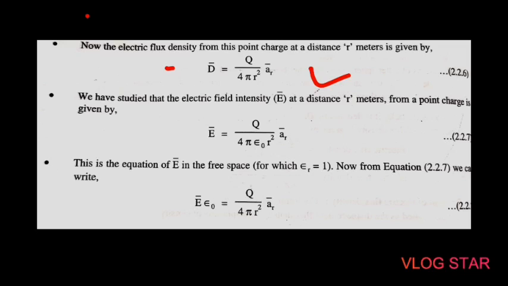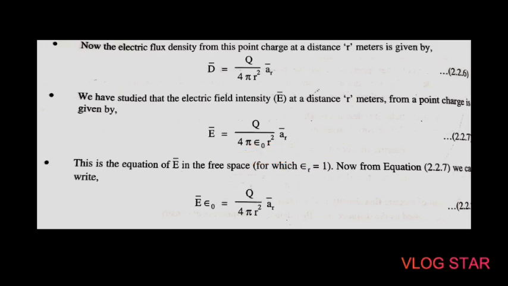Now we know that the electric field intensity at a distance of r meter from the point charge is given by E bar is equal to Q upon 4 pi epsilon 0 r square into a_r bar. This is the equation of E bar in free space, for which the value of epsilon r is equal to 1. So we can write epsilon 0 E bar is equal to Q upon 4 pi r square into a_r bar.